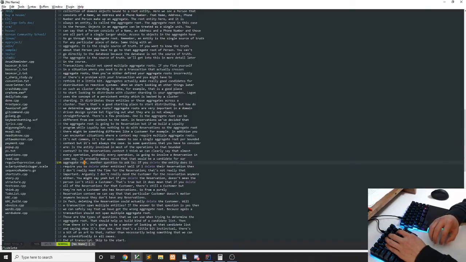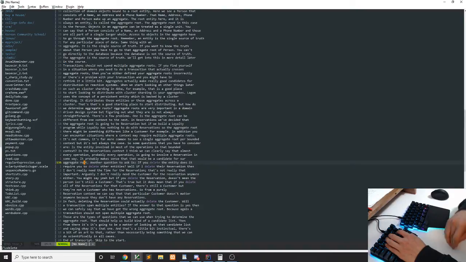It does mean that if you delete all of the reservations for that customer, there's still a customer, but they are not a customer who has reservations. So for a purely reservation context, we can say that the particular customer doesn't matter anymore because they don't have any reservations.